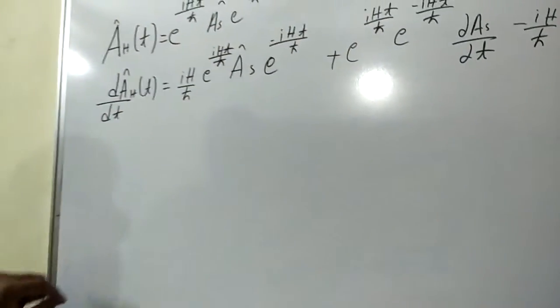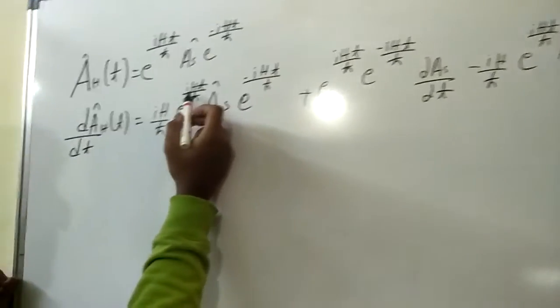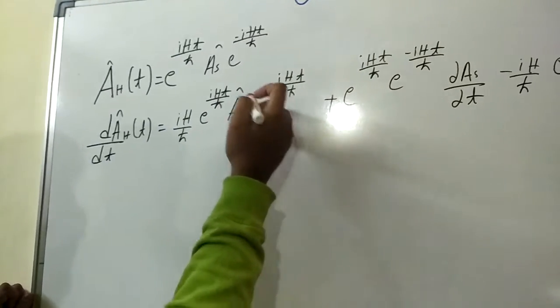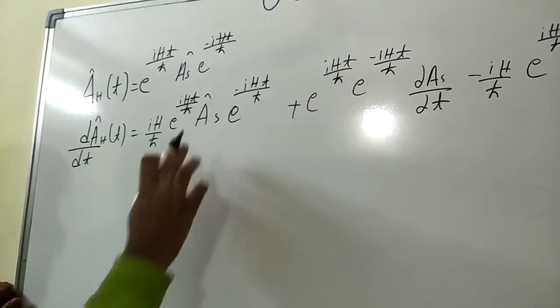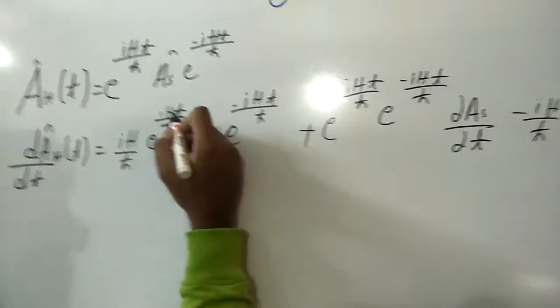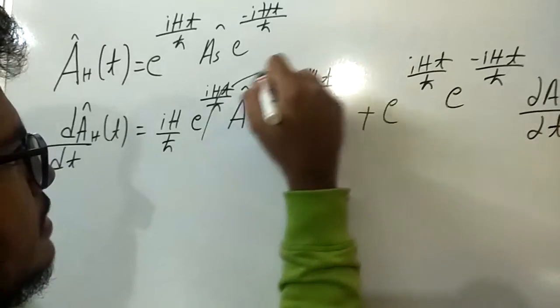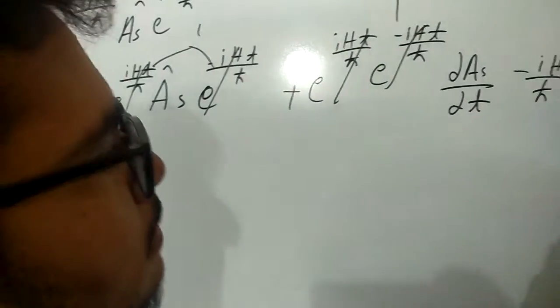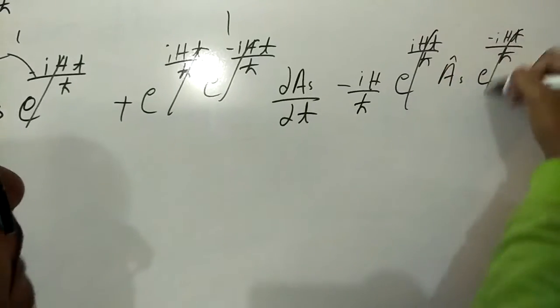Now we see that these two terms cancel out, because here I have e to the iHt over h bar, and here I have e to the minus iHt over h bar, and this term is common in all these equations, so we would just write 1 in place of this. So everywhere we would have 1 in place of this, and here as well.